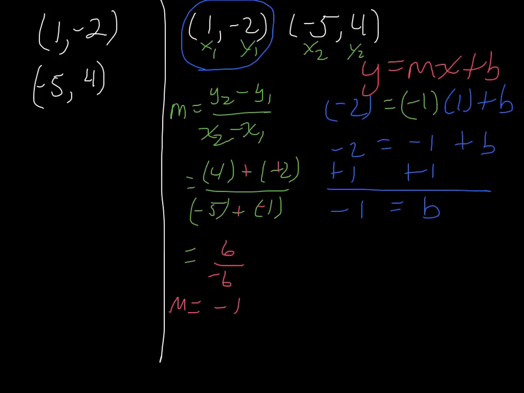So now I have my y-intercept, which is b, and I have my slope. So my equation then becomes y equals -x, which is fine, and then minus b. Excuse me, not minus b, but minus 1.